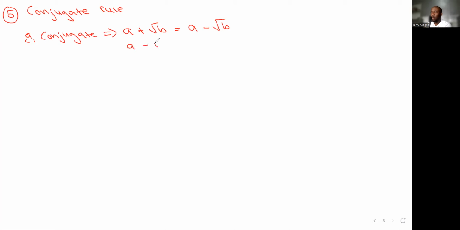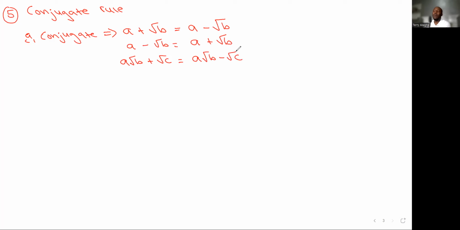If you have A minus root B, the conjugate will be A plus root B. If you have A root B plus root C, the conjugate is going to be A root B minus root C. Is that okay?